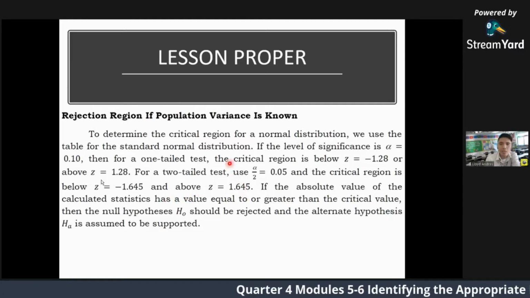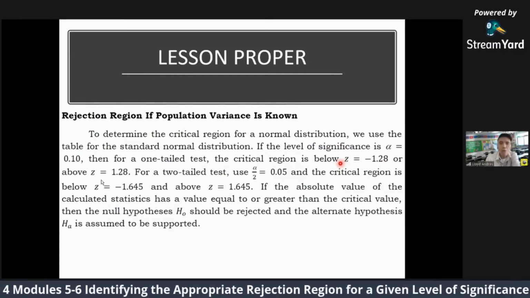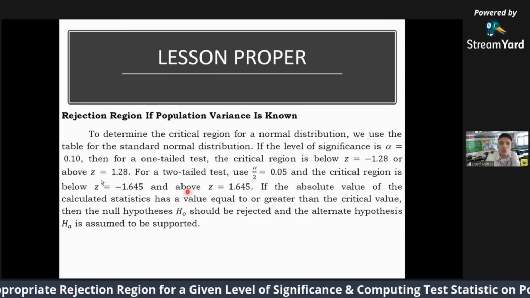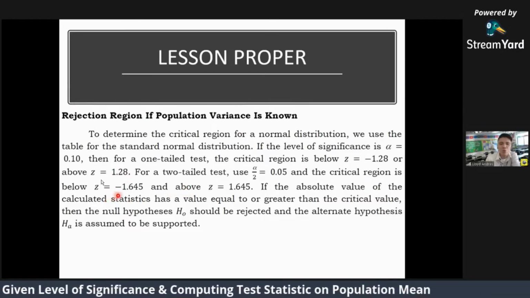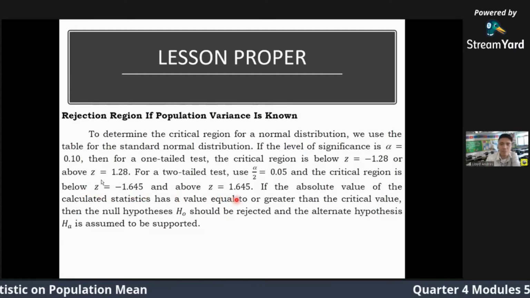Again, kung one tail, depende. It's either below your negative z or above your positive z. Pero kung two-tailed, dapat naa siya ang critical regions nimo duha ka buok. Below your negative z and above your positive z.